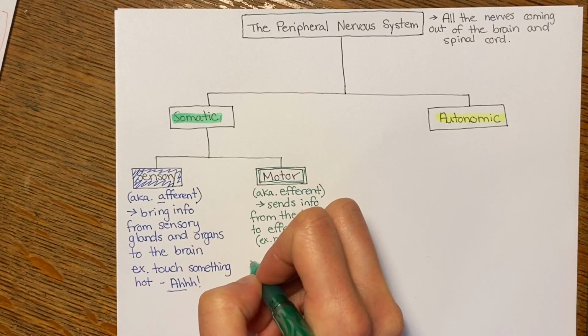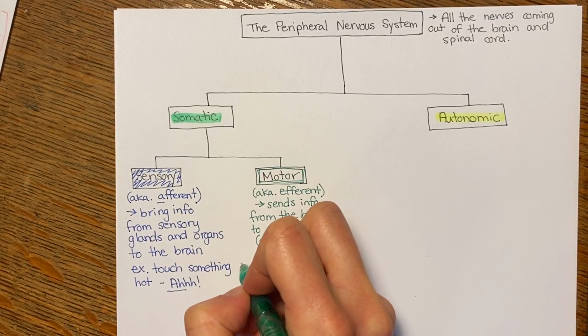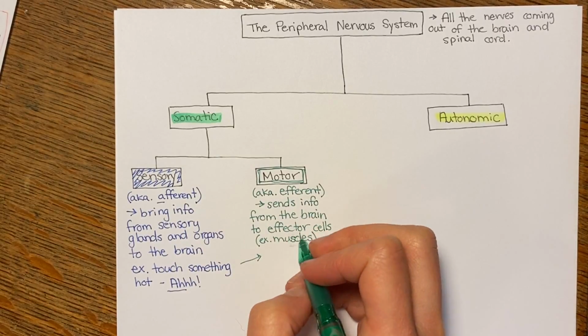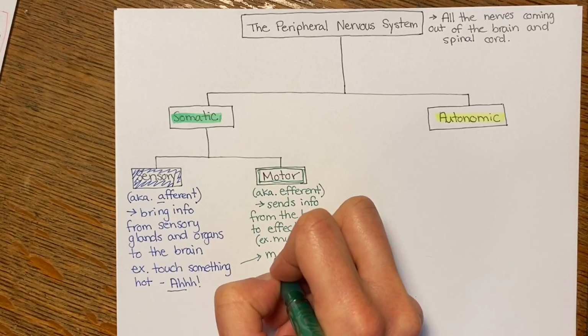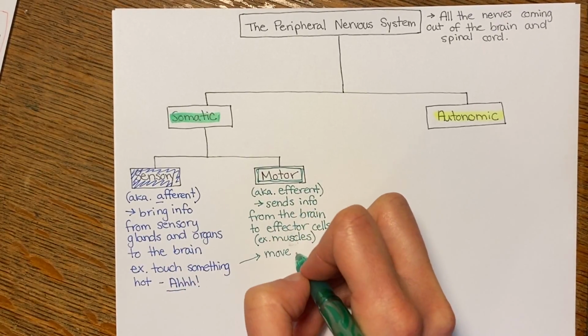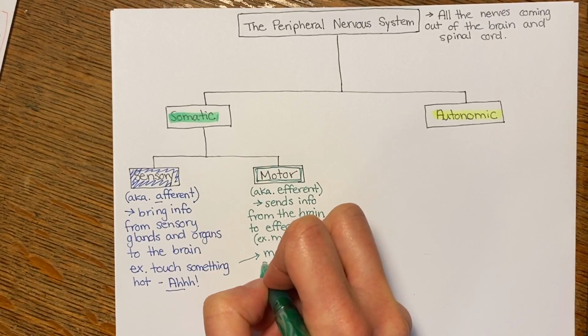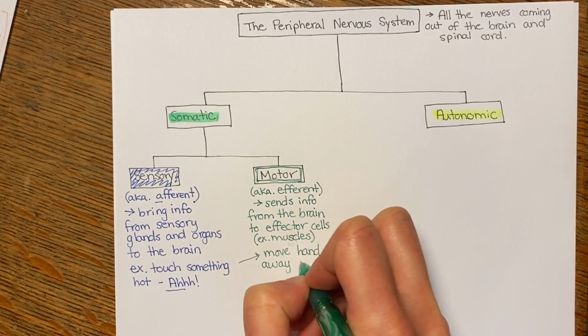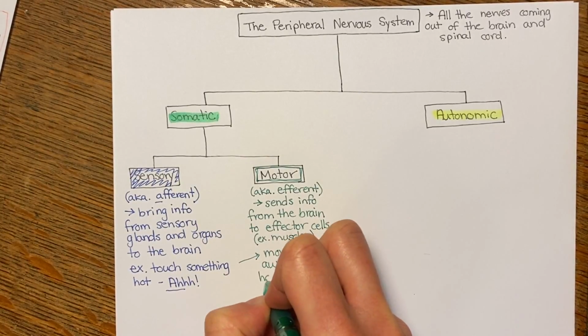So if we go back to our original example here, coming over from there, it would be the signal to the muscles to move the hand away from whatever the hot thing was. So move hand away from hot surface.